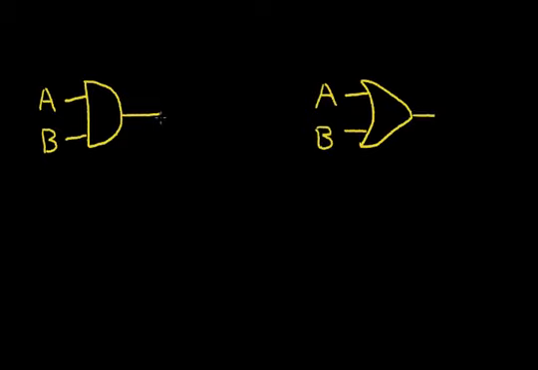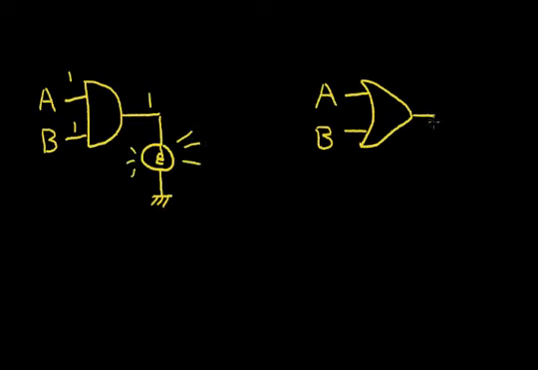So we can think of, say, a light bulb at this output tied to ground. So if the A input is at a logic 1 and the B input is at a logic 1, then only in that situation will the output be a logic 1, and we'll apply a voltage and our light will shine.